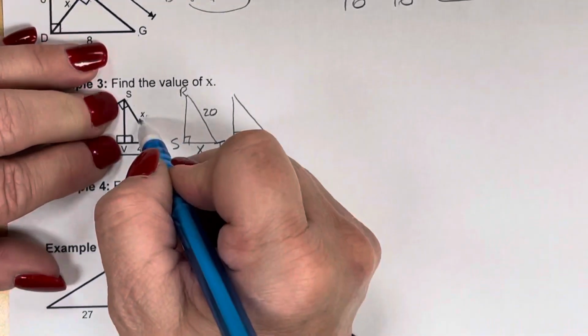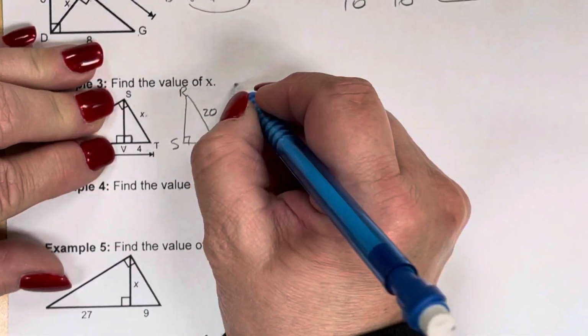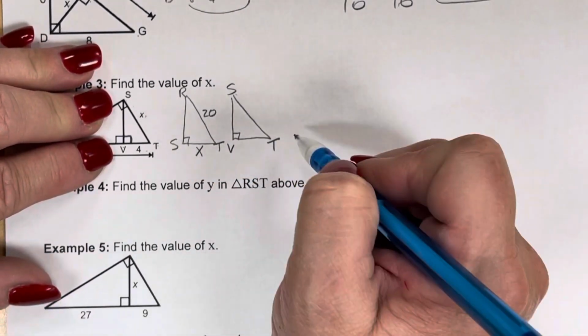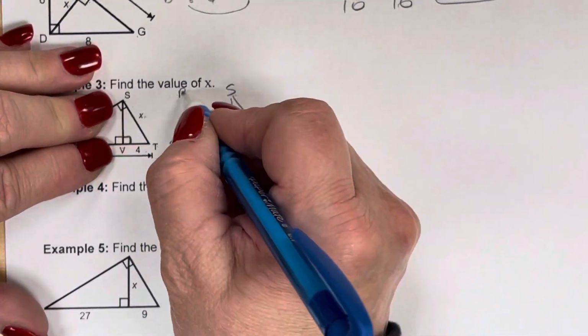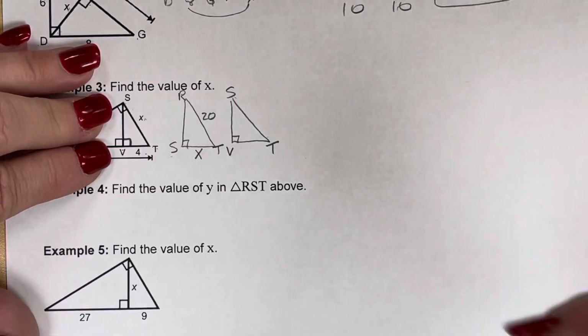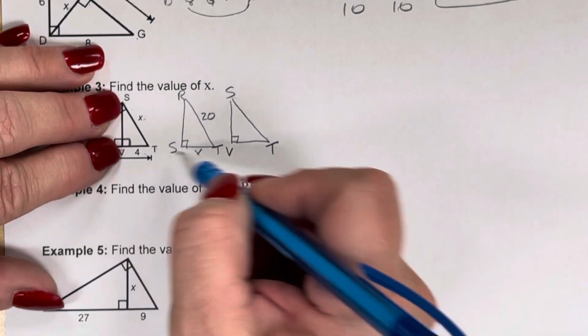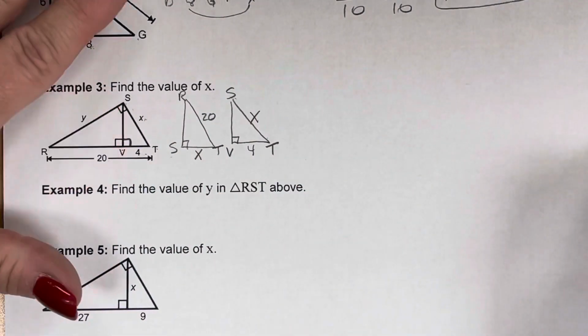Now let's do this smaller one, SVT. Another reason it's good to label that is because if they ask you to also write a similarity statement, then you've already got the corresponding angles written out. So it's just a good idea. Now the measures of the smaller one are 4 on the bottom and X on the hypotenuse.